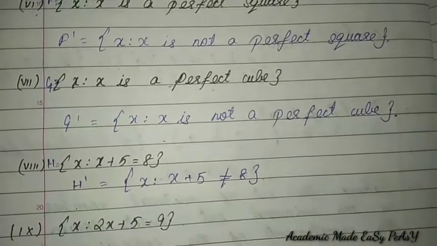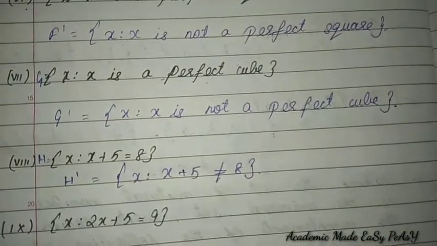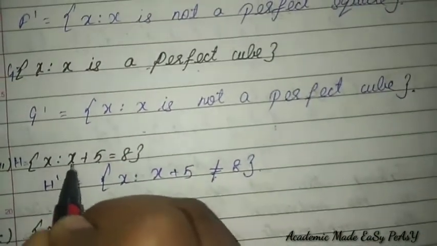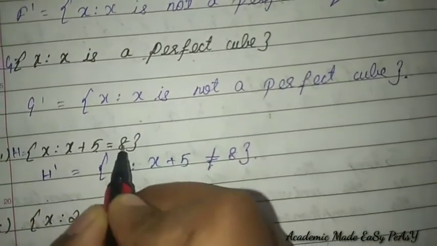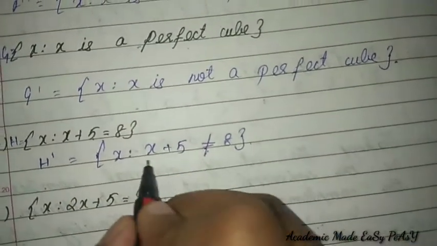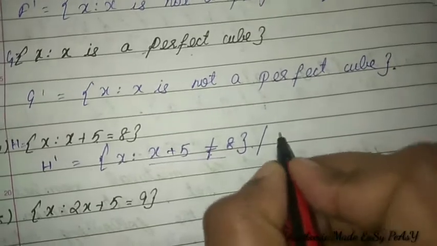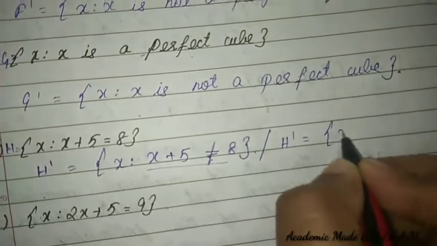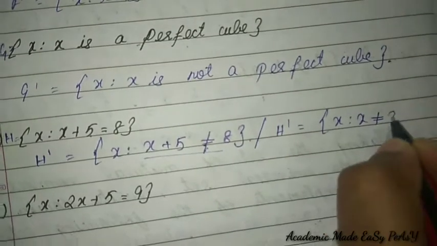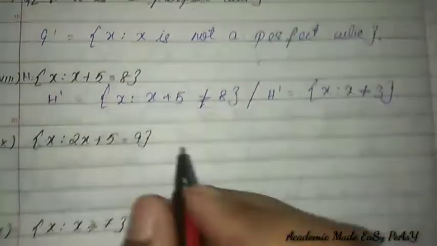Exactly, we'll be doing like that only. Or you can write it as x, no. So x is equal to 8 minus 5, which is 3. So here this also is the same, or else you can write H dash is equal to x such that x is not equal to 3. Any one you can write in this.